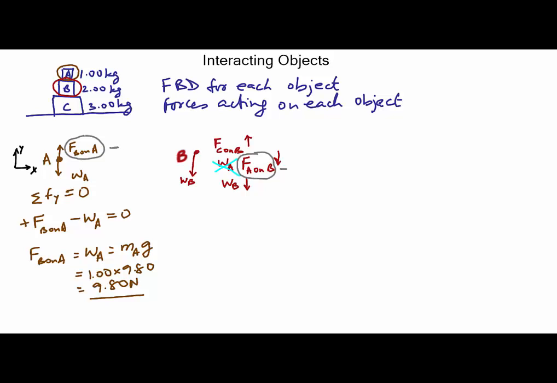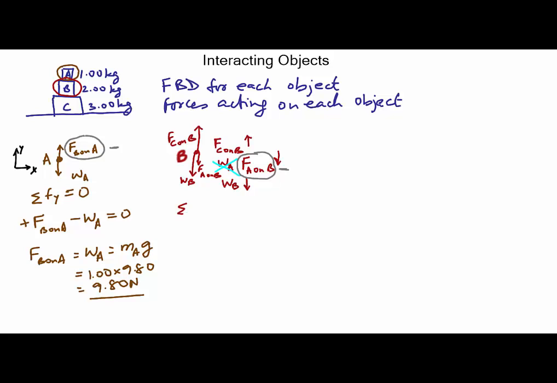So here's the Newton's third law pair identified. And so I can see that F_A on B will be acting downward and will be the same length of arrow as B on A was. So I show that over here, F_A on B. And then I've got the force of C on B that's acting in the upward direction.